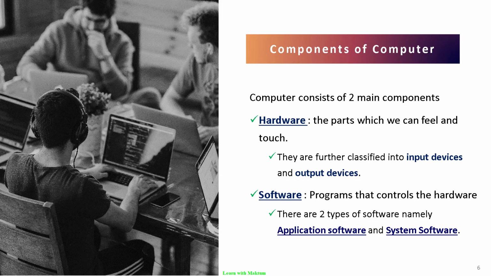I hope I'm clear with the basic knowledge. The basic components are hardware and software. Hardware means the parts which we can feel and touch, classified as input devices and output devices. Software means the programs that guide the hardware, and there are two types of software, namely application software and system software.